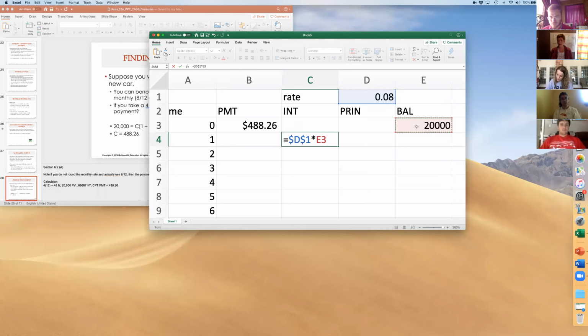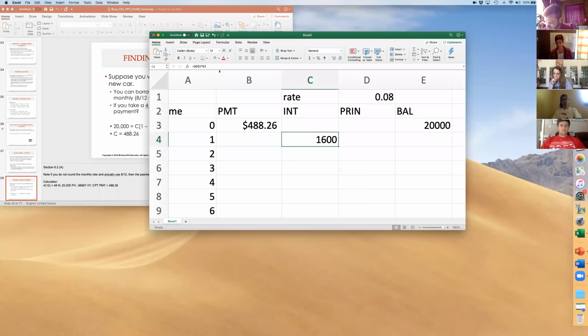Every time I make a payment, my balance is going to go down by the amount of principal that I pay, right? And if I just stop there, that interest amount, if I click on it, is $1,600. That's for the whole year if the balance were 20 grand.